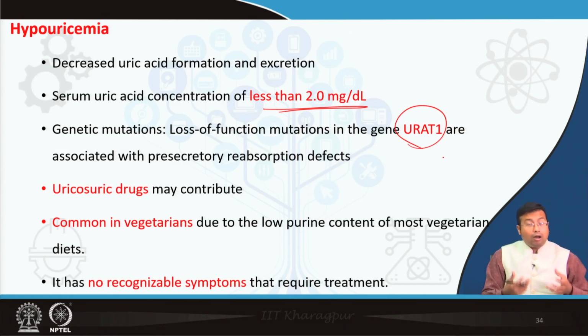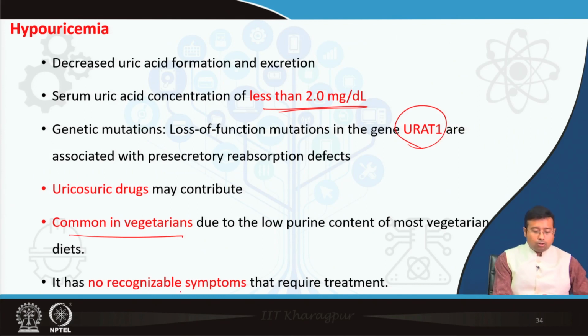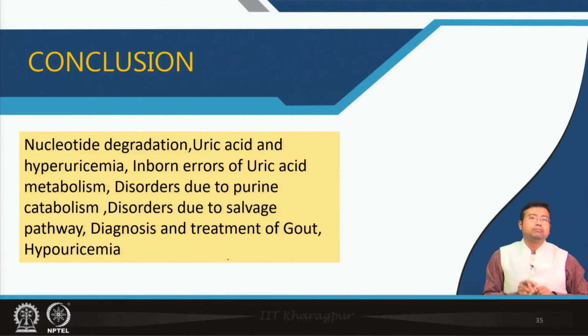Again, a patient on a uricosuric drug may develop hypouricemia without any gene mutation. Again, hypouricemia is also common in vegetarians, because a vegetarian diet has low purine content, but it is a good thing that this has no recognizable symptom, and hence they do not require any treatment.